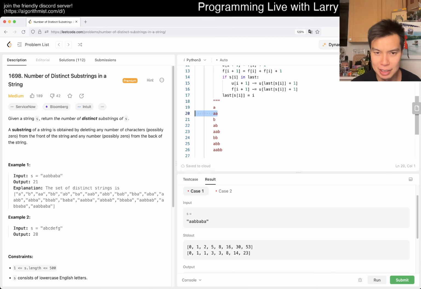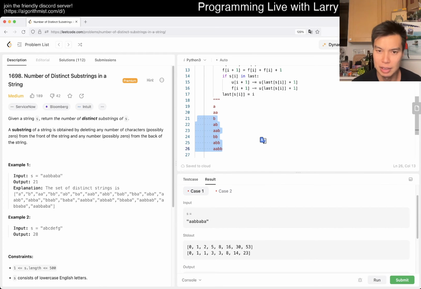Because we want to subtract not just this one, which is the uniqueness brought by the last A. We want to actually include all the things that end with A. So the other 6 is okay, right? Because we can add A's to these. So we want 17 minus 3, which is 14, which is right, if we get it.